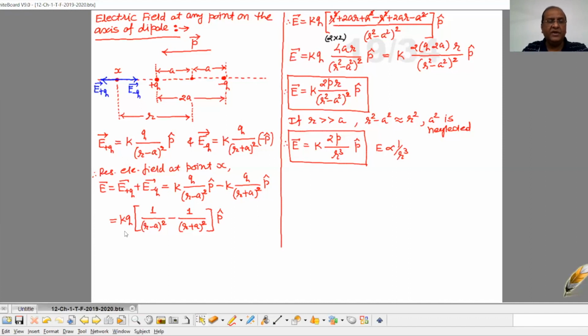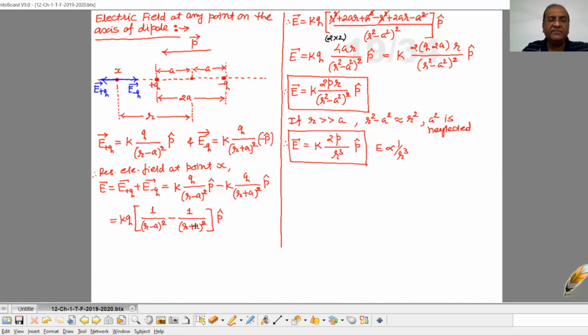So now we can take kq common and write p caret outside the bracket. So into bracket, 1 upon (r minus a) whole square minus 1 upon (r plus a) whole square. So simplify this one and then take the LCM. Now see, (r minus a) into (r plus a) is r square minus a square, and square of it. So that is the denominator.